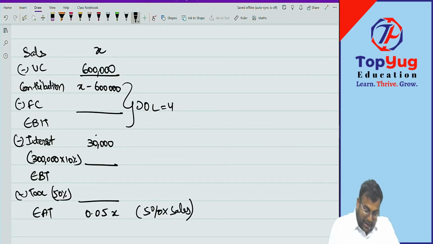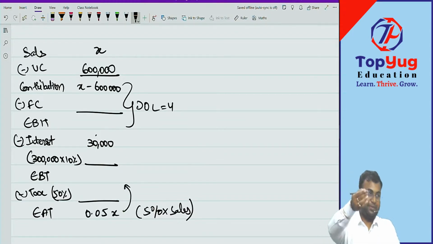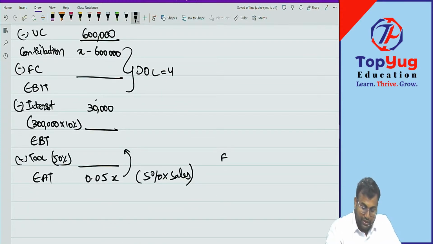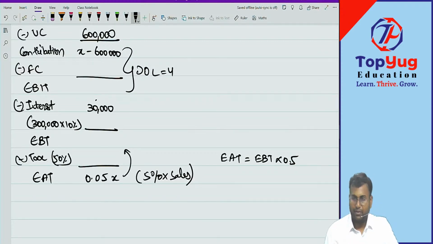And EBT, minus 50%, whatever the EBT is, minus 50%, right? So let's make a mathematical equation that EAT is equal to EBT minus EBT into 0.5. 50% of EBT is EAT, correct? So now what is EAT? It is 0.05x.